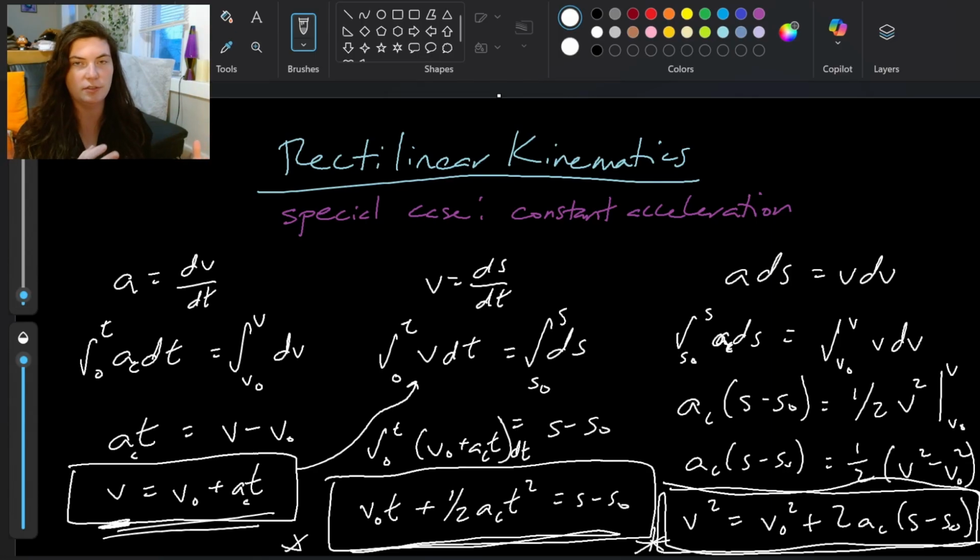Any combination of those things, we're probably going to have to do an integral or a derivative, unless we have this constant acceleration. And in that case, we can just skip ahead and use these constant acceleration equations just to save us a little bit of time. But let's go ahead and take a look at some examples of how we can use these.